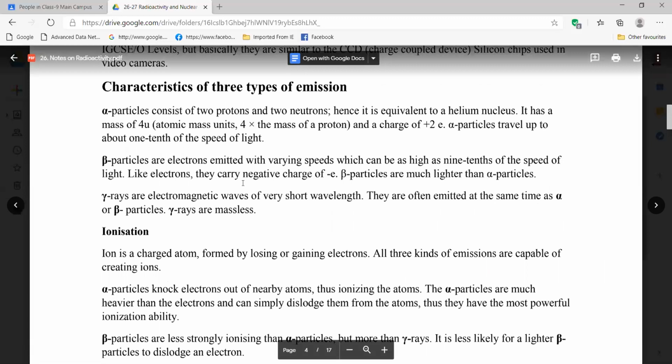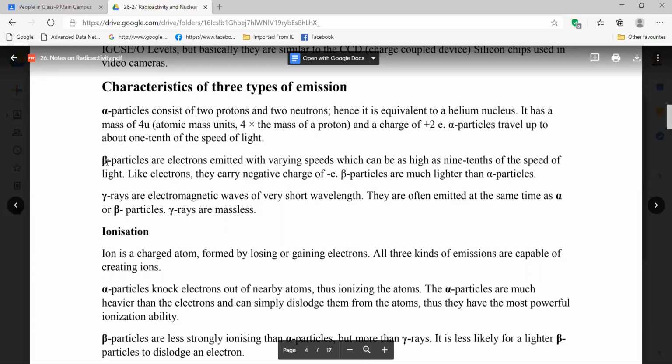Then beta particles 9/10 of the speed of light. Gamma rays, they have speed of light. So which one has most speed? Gamma ray. Yeah, gamma rays, they have the most speed. That's why they have most penetrating power.